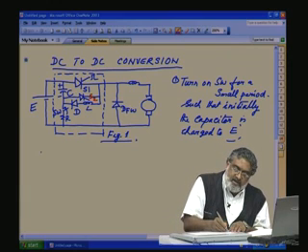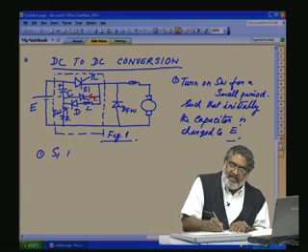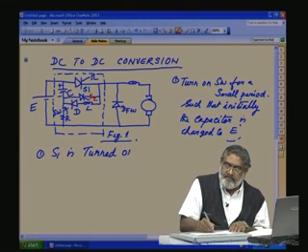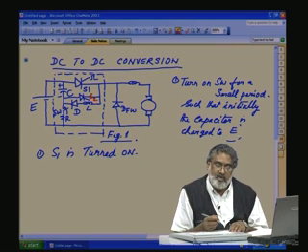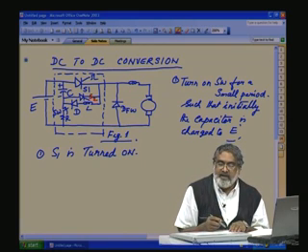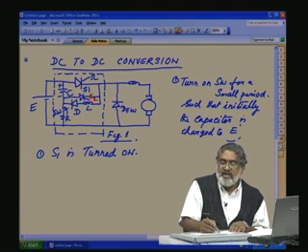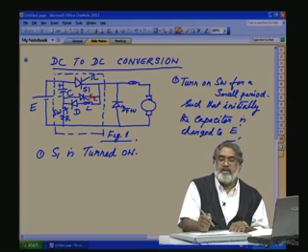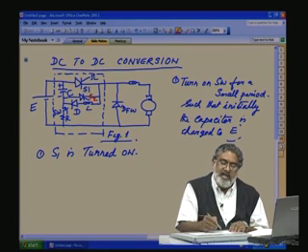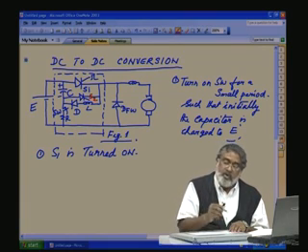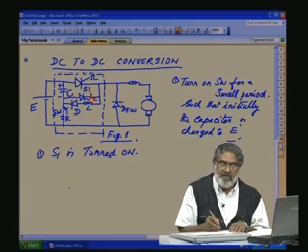Now, S1 is turned on. What will happen? Immediately this E will come across the DF. So, DF is reverse biased and E will come across the load side. The duration of E across the load depends on when we are turning off S1. So, first let us say we are turning on S1. How will the circuit be?